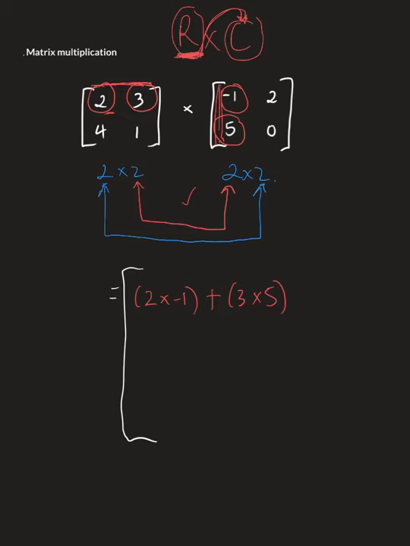So I must repeat this process until I've done the first row times every column that exists in the second matrix. So I've done the first row by the first column, so I need to do the first row by the second column now. All right, so I've got 2 by 2.